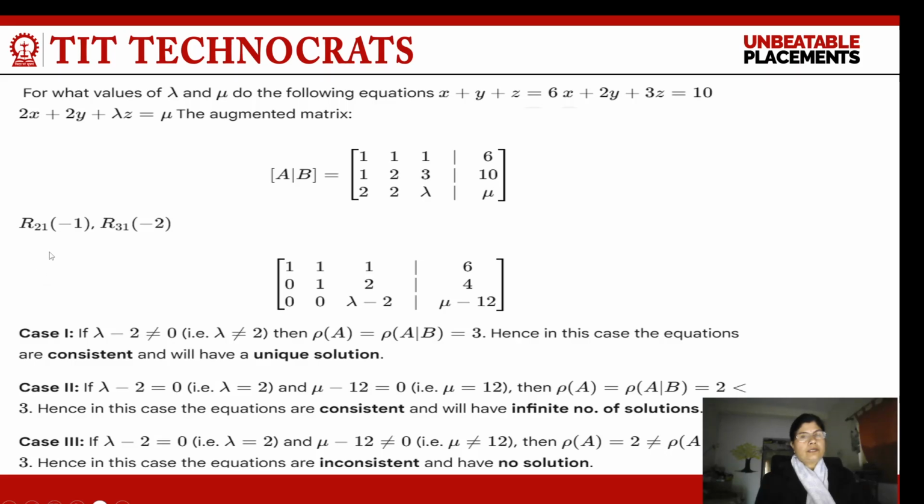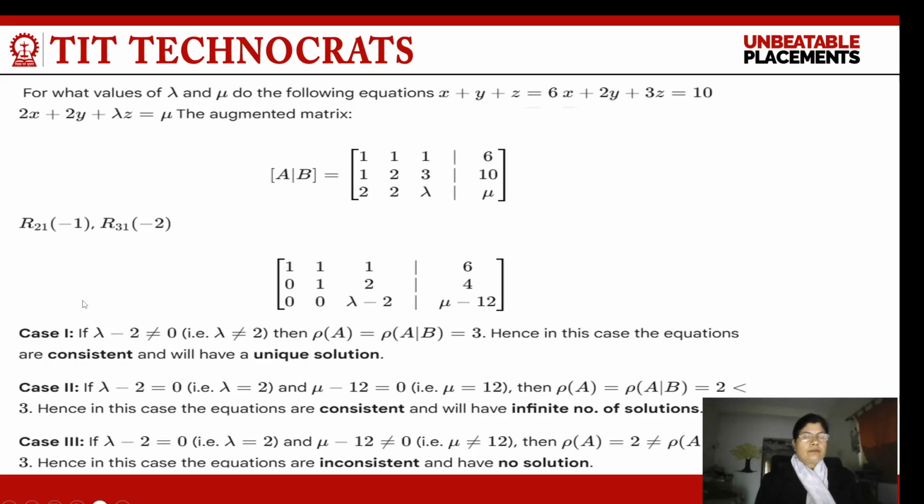Apply transformations R2 minus R1, R3 minus 2 R1, so we get 1 1 1 6, 0 1 2 4, 0 0 lambda minus 2, mu minus 12. Here the third row is subtracted by the first row, so we get 0 0 lambda minus 2 and mu minus 12.